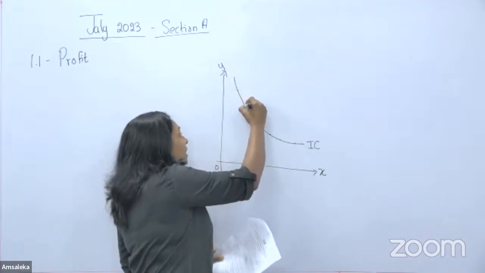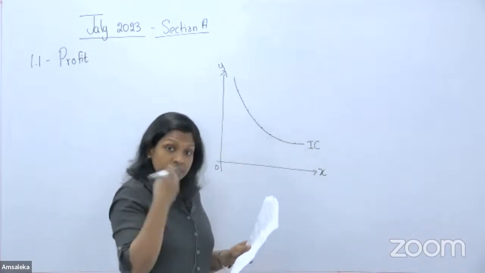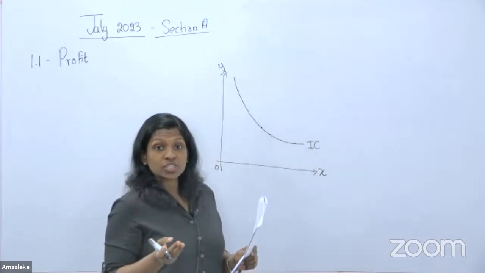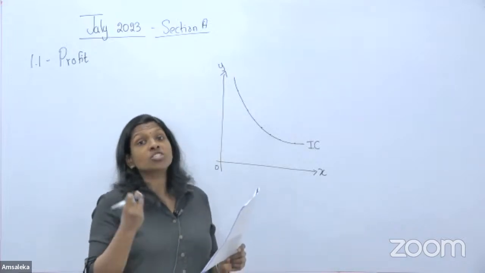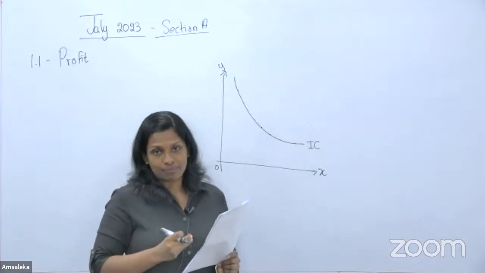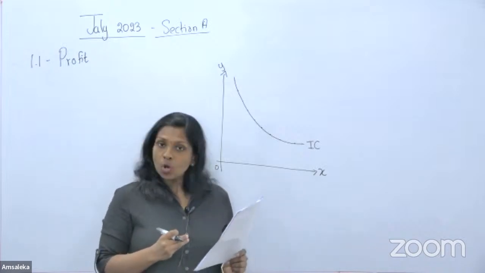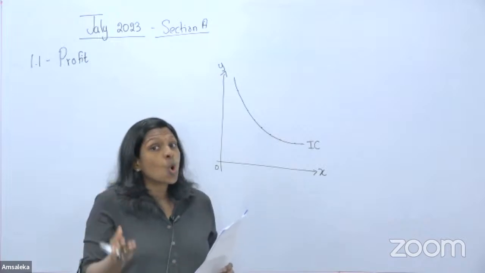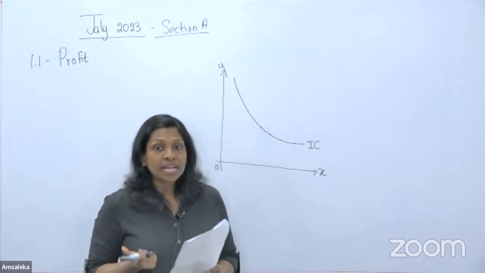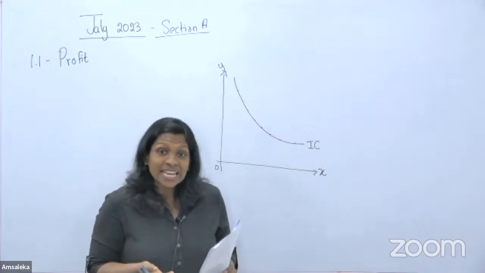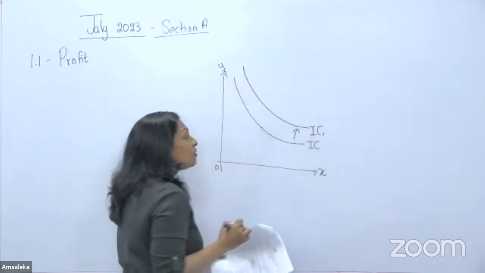So here the different combinations of X and Y goods are utilized. But finally the satisfaction the consumer gets from these different combinations will be the same. If the consumer has more income, more goods can be consumed, which means the satisfaction will be increasing, so the curve shifts rightward.